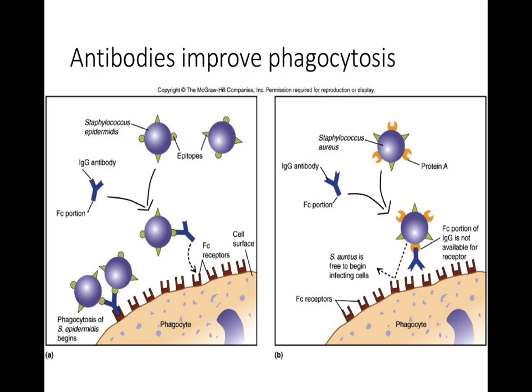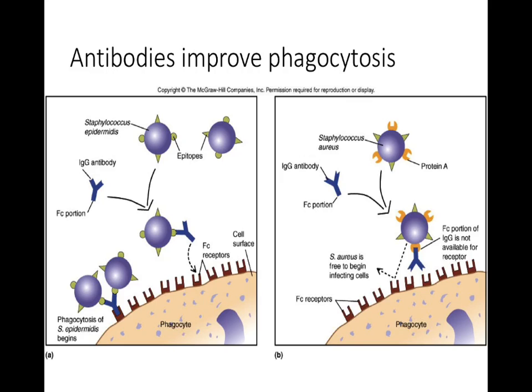And in binding, what we find is that it can improve phagocytosis, so that's one. It can also inhibit the pathogen in some way, and by that I mean it could inhibit attachment.